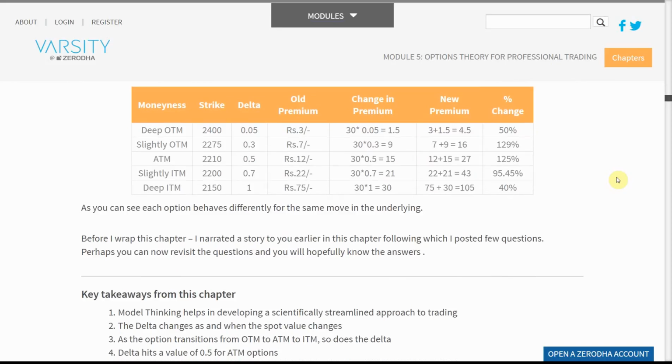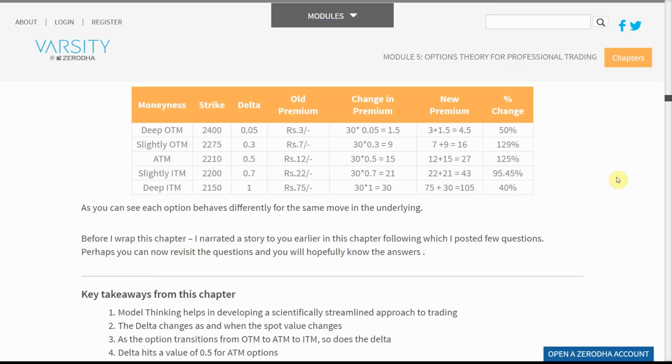Moneyness, strike, delta, old premium, change in premium, new premium, percent change. Deep OTM: 2,400, 0.05, 3 rupees, 30 asterisk 0.05 equals 1.5, 3 plus 1.5 equals 4.5, 50%. Slightly OTM: 2,275, 0.3, 7 rupees, 30 asterisk 0.3 equals 9, 7 plus 9 equals 16, 129%.